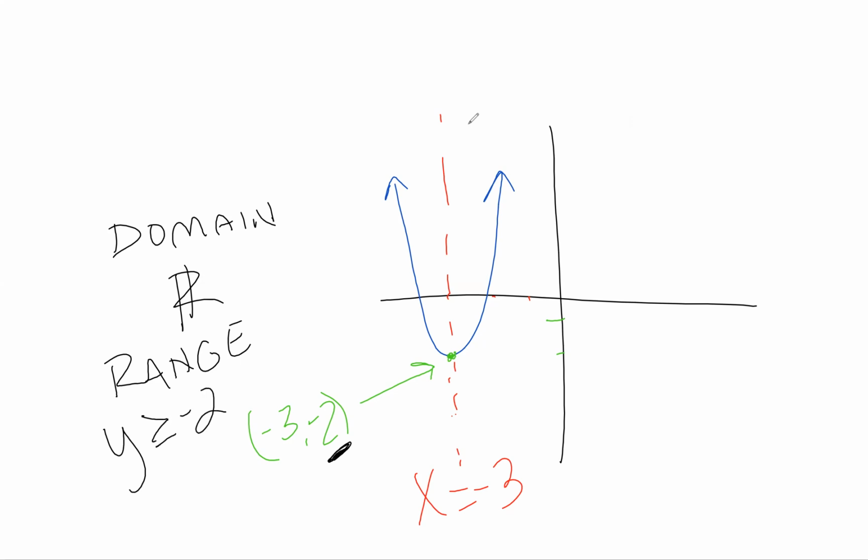Now, if we happened to be dealing with a graph that went upside down, I just want to talk about the range for a second, because that's the only thing that's really different. We'd say that range, y is less than or equal, right? Because it's going down, right?